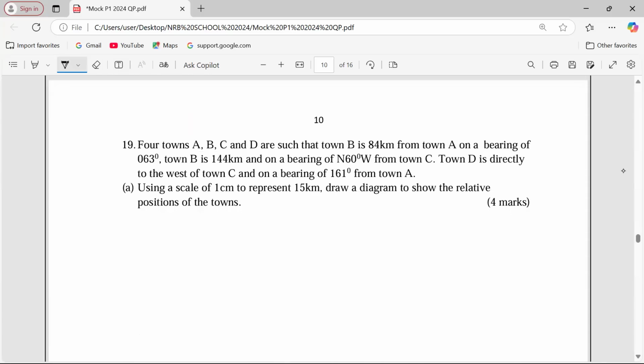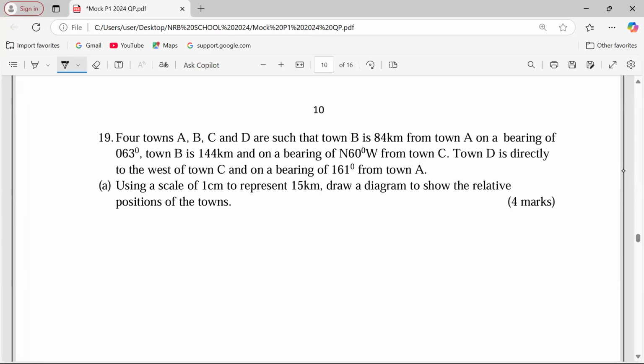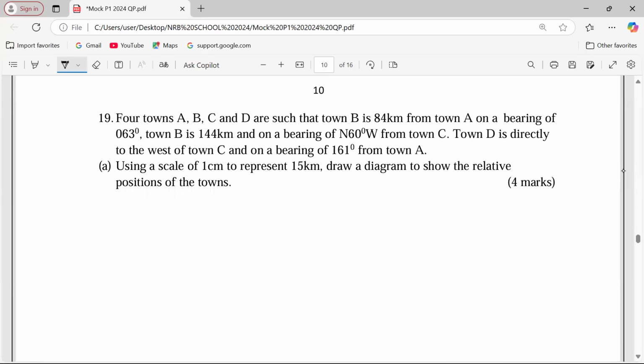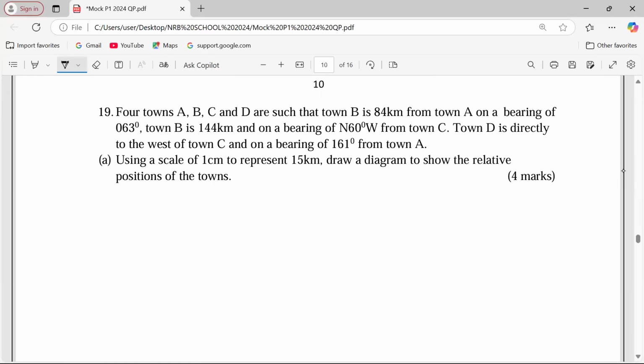Now, number 19 is a question on what we call scale drawings. This is bearings and distances. We're going to interpret the question together until we get what exactly the examiner needs from us. We are told in number 19 that 4 towns A, B, C, and D are such that town B is 84 kilometers from town A on a bearing of 063 degrees.